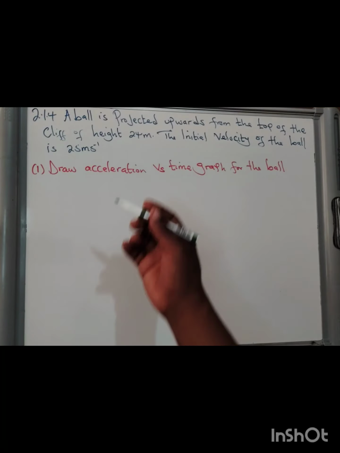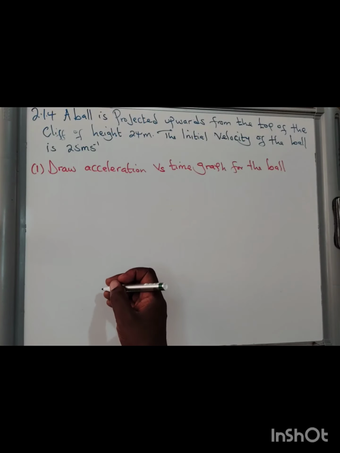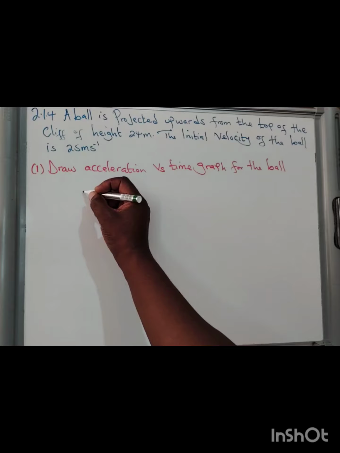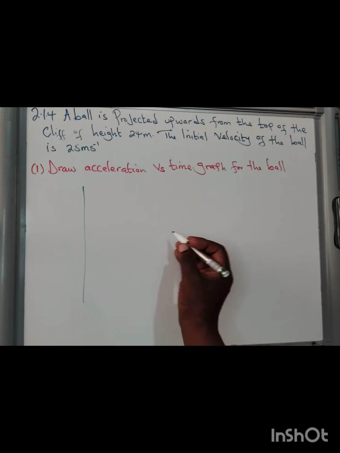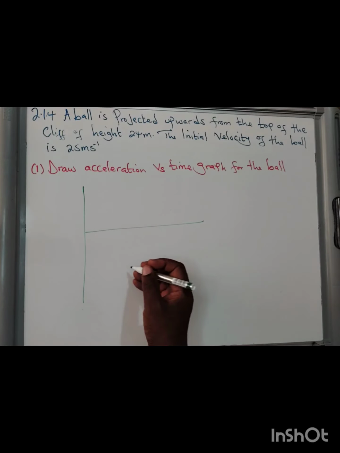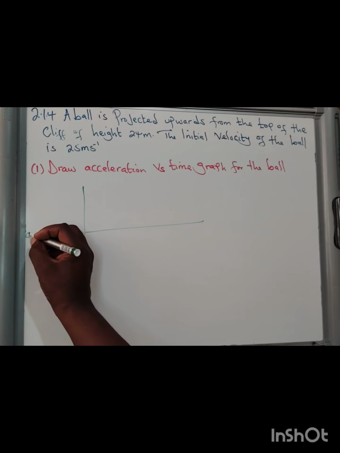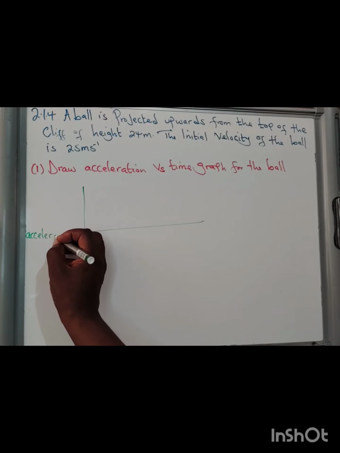Okay, it is an acceleration versus time graph. What does that mean? It means that on the y-axis we have the acceleration, and on the x-axis we have the time.